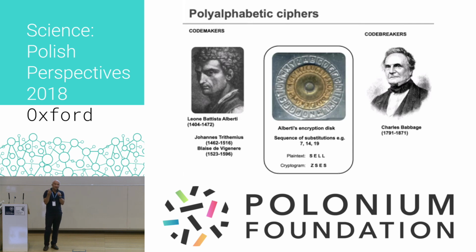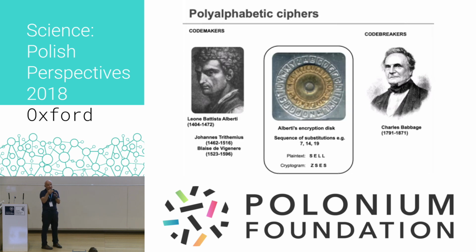And so Alberti, having this mechanical device, was saying, why use one substitution? Maybe depending on the position of the letter that I'm encrypting, I can use different substitutions. So for example, for the first letter, I can use the shift by 7 characters in this disk. Then for the second letter, I shift by 14, for the third letter by 19, and then I repeat it.